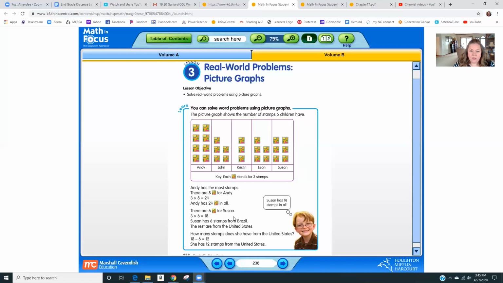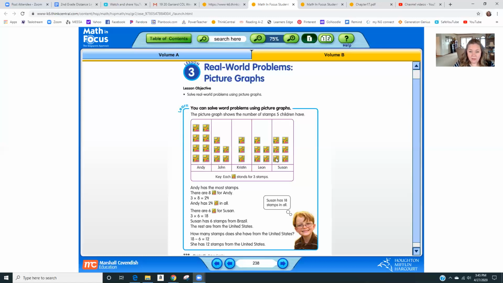So we can take that information that we know about Susan and her 18 stamps, and we can answer some questions. This says that Susan, out of those 18 stamps, 6 of them are from Brazil. The rest are from the United States. So we take the information, 18 stamps in all, which we had to figure out by doing the multiplication.